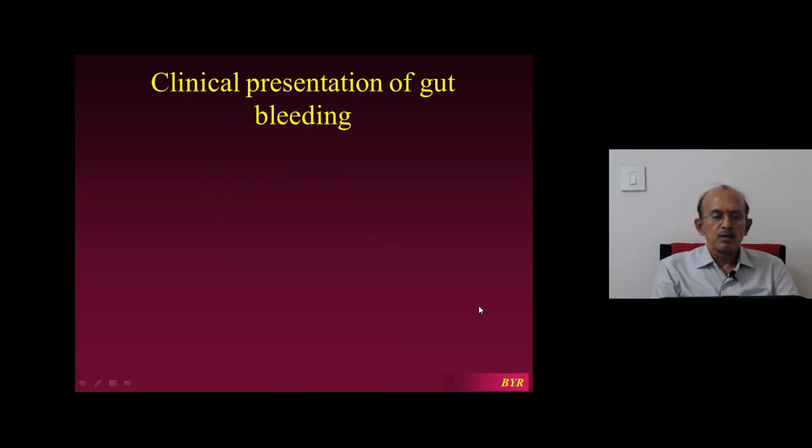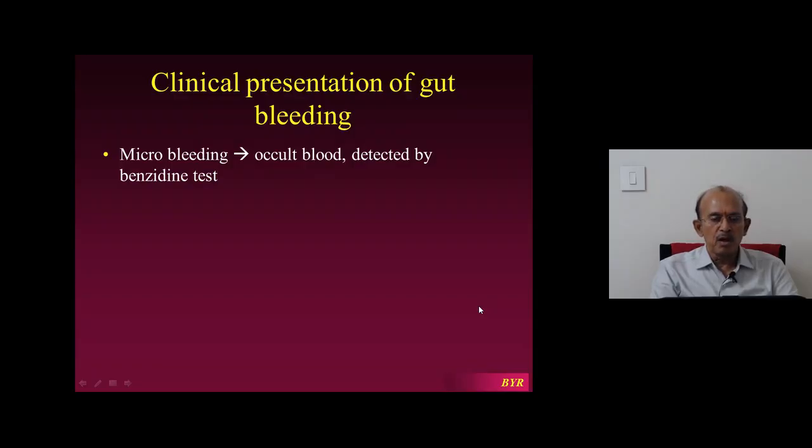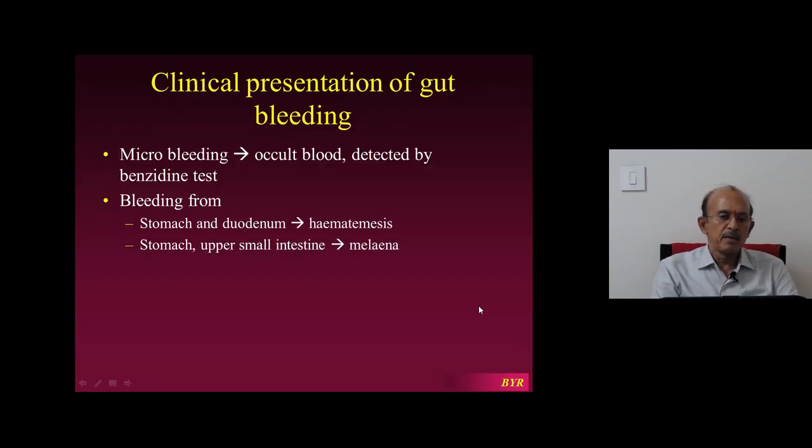So, to summarize, clinical presentation of gut bleeding, micro bleeding, that is very few or small drops of blood bleeding is there, just oozing. Then the patient will have occult blood detected by Benjamin test in the stools. Bleeding from stomach and duodenum manifests as hematemesis, as coffee-colored vomitus.